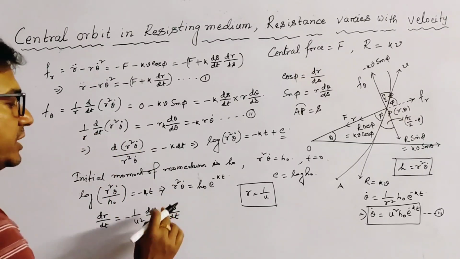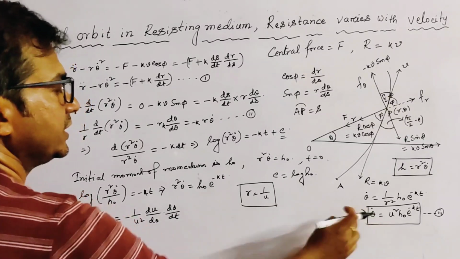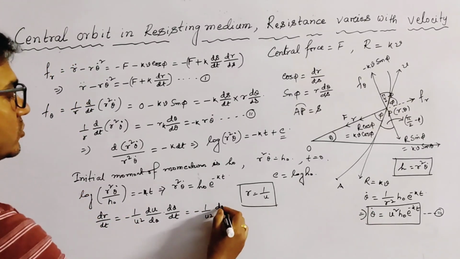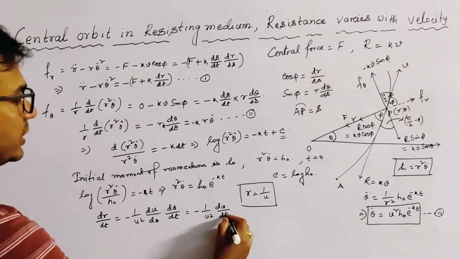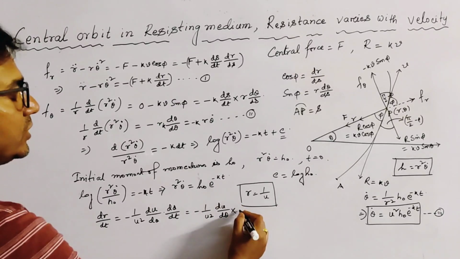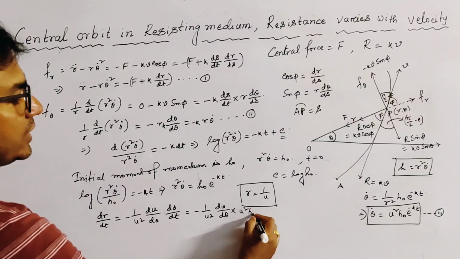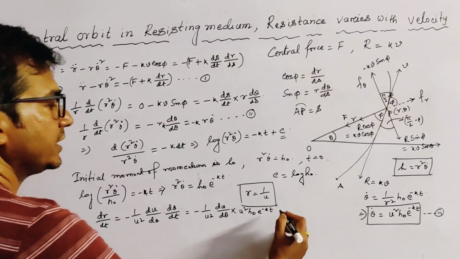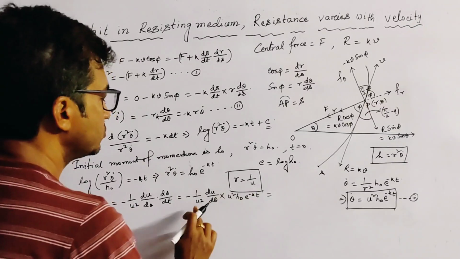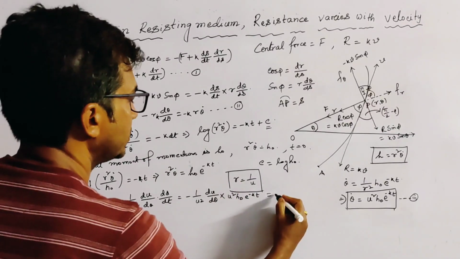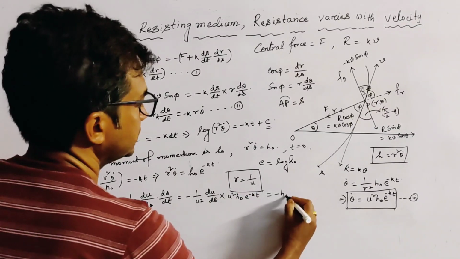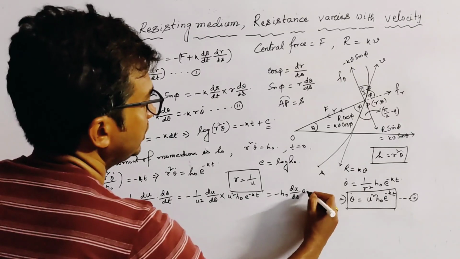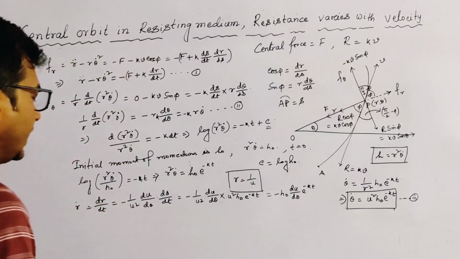We put the value of dθ/dt from 3, and we get −(1/u²)(du/dθ) u² h₀ e^(−kt). The u² cancels out, so this equals −h₀ (du/dθ) e^(−kt).